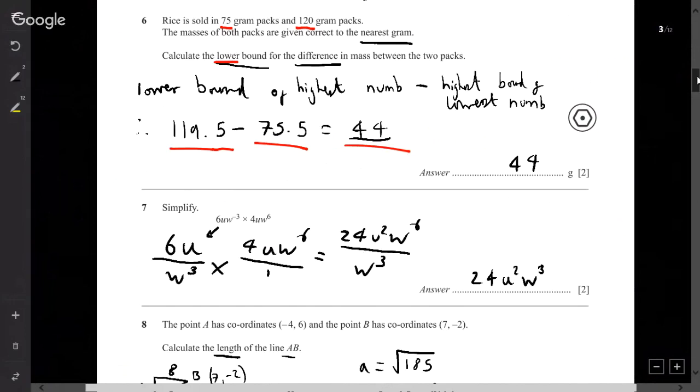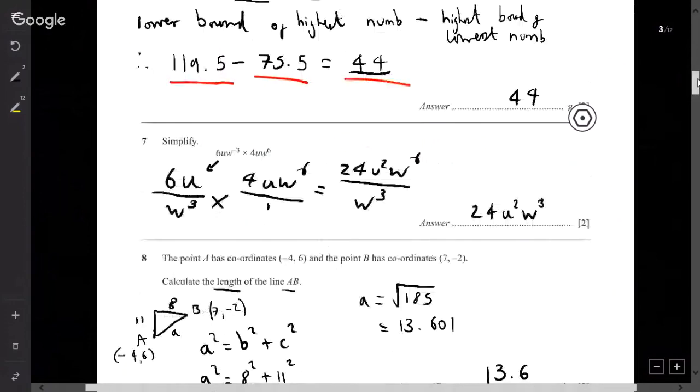Next question. Simplify this. Okay, as we have a minus here, we can say that this, when it's written out, is 6u over w to the power of 3. Because it's a minus, it goes underneath, it's divided. So we're going to write that out like that.